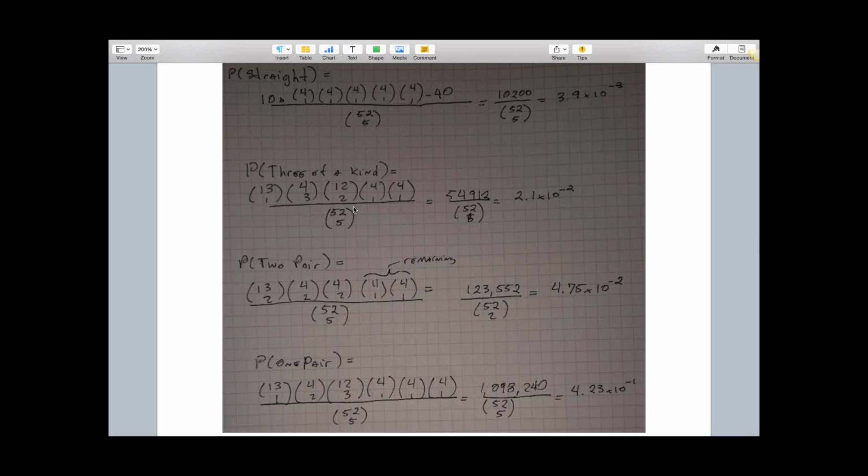But they have to be two different cards of the 12 remaining face values. So I've got to choose 2 of those 12 remaining face values. And then because we know for each of those face values there are 4 possibilities from the 4 different suits, I have to then multiply that by 4 choose 1 and 4 choose 1 again. But the 12 choose 2 comes from the fact that we have to choose 2 different face values of the remaining 12. I can't choose 2 of the same.